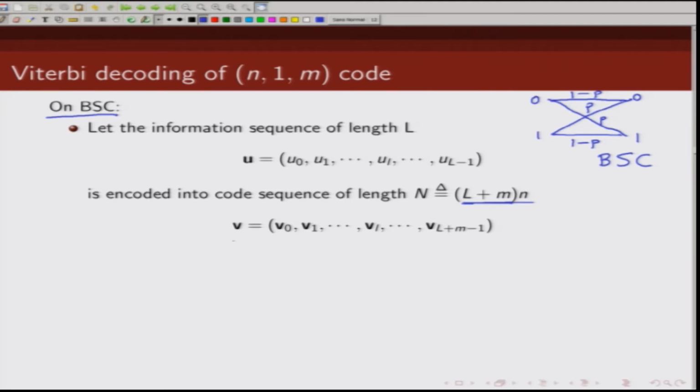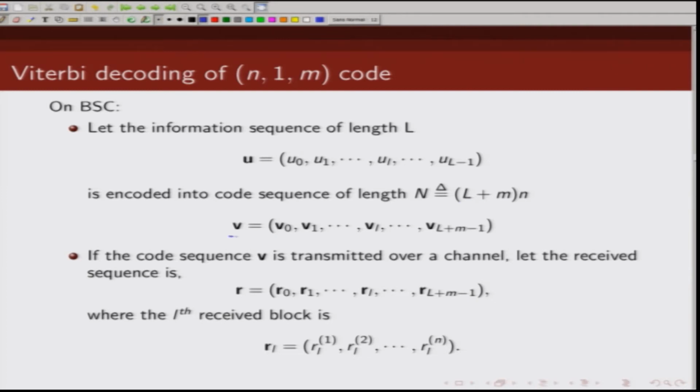So, our code sequence is of length (L plus m) times n, denoted by V0, V1, V2, up to V L plus m minus 1, where each of V0, V1, V2 and so on are n bits.